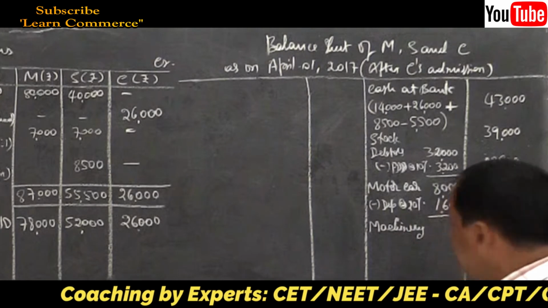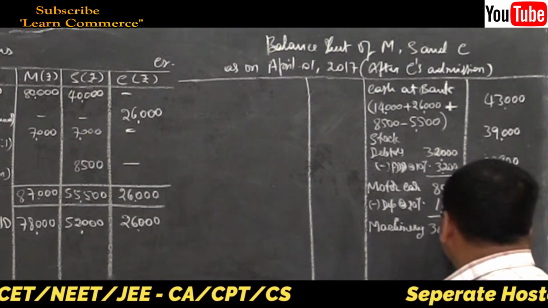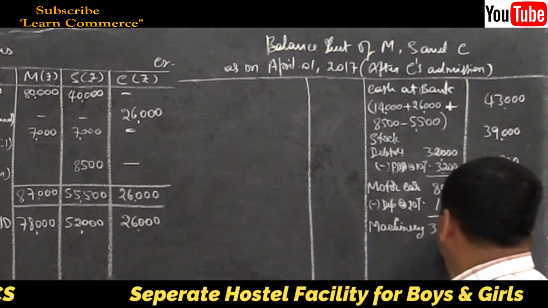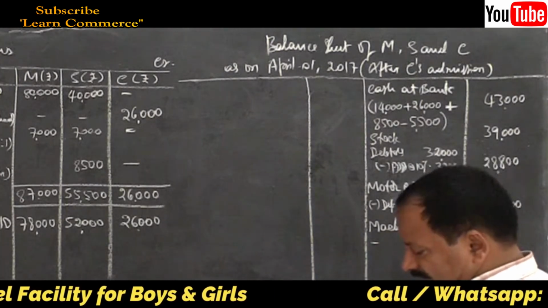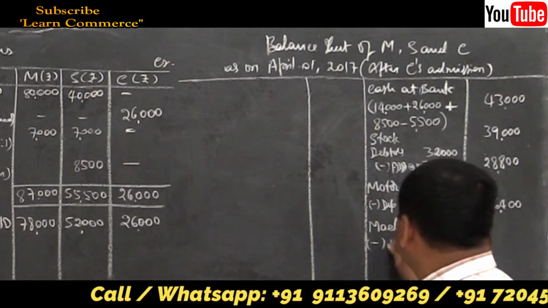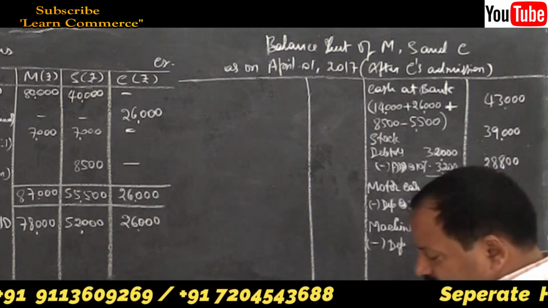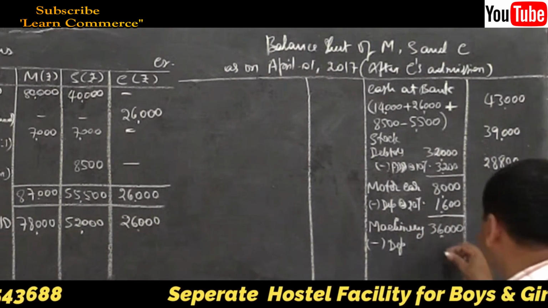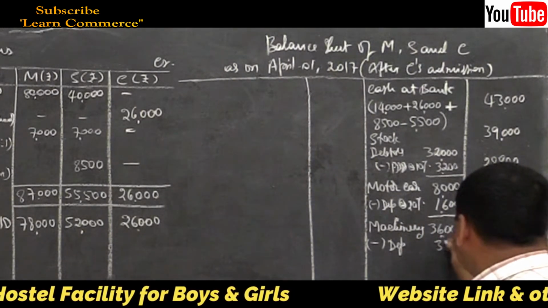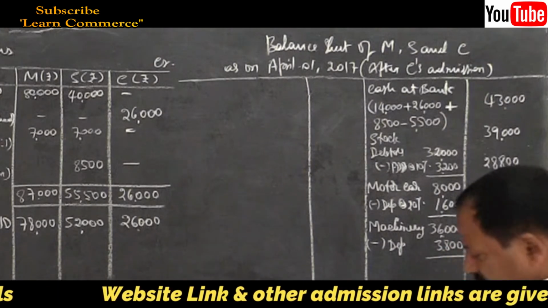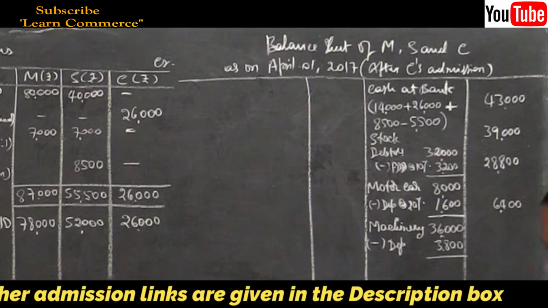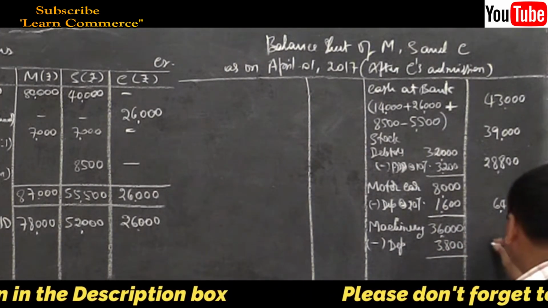How much? 36,000 minus depreciation. Amount is given straight away, right? 3,800 they gave. So deduct it, 3,800. Remaining amount is 32,200.